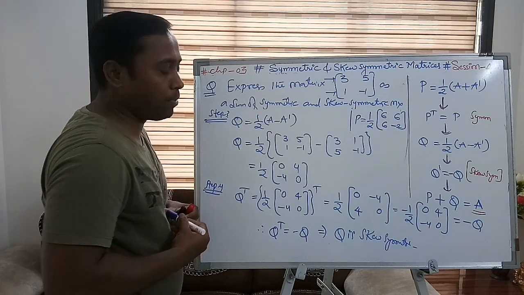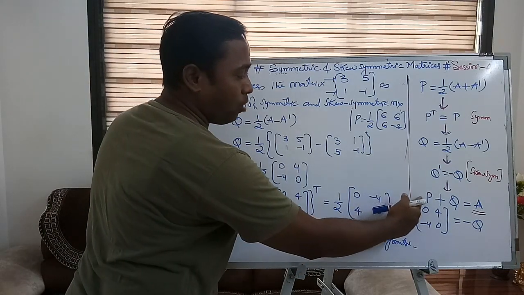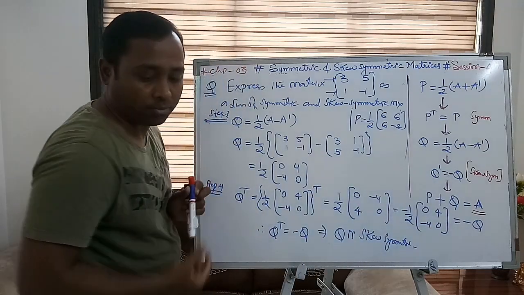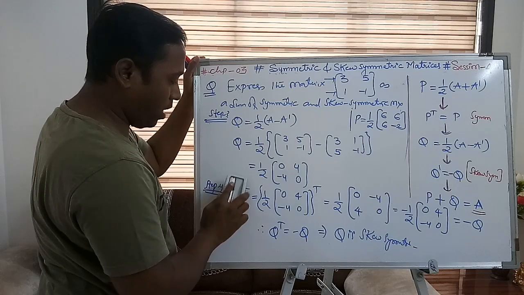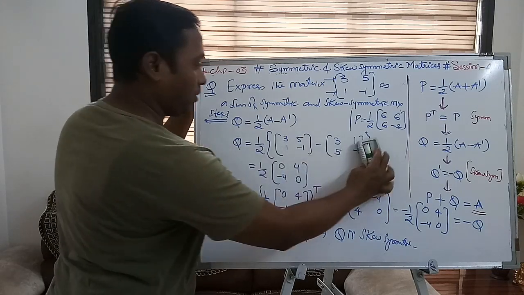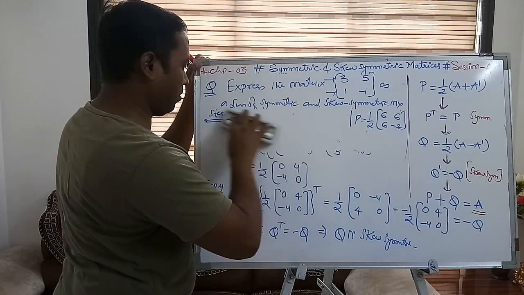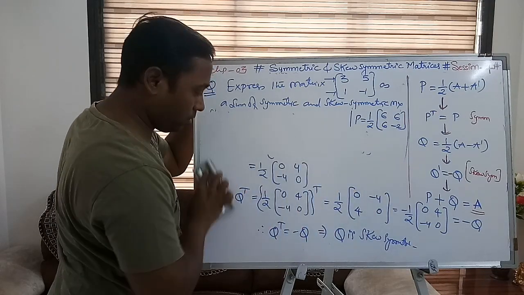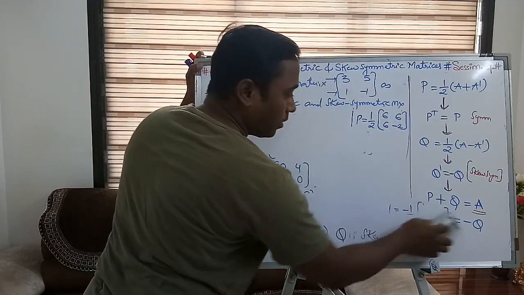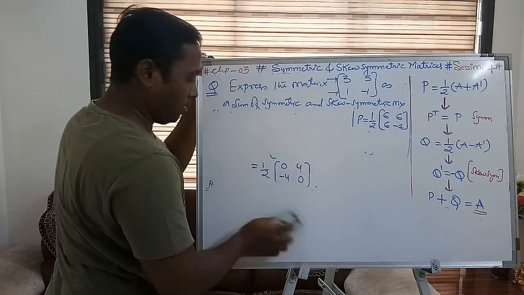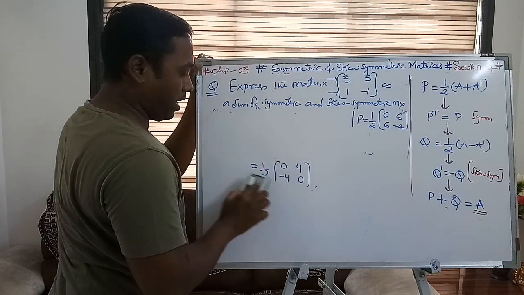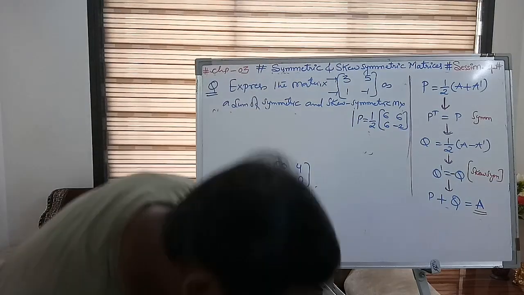Now as a last step, I am going to add the symmetric and skew symmetric parts. So I require the result of Q. That's why I'm just wiping out the steps here. So I have Q as this, P as this.